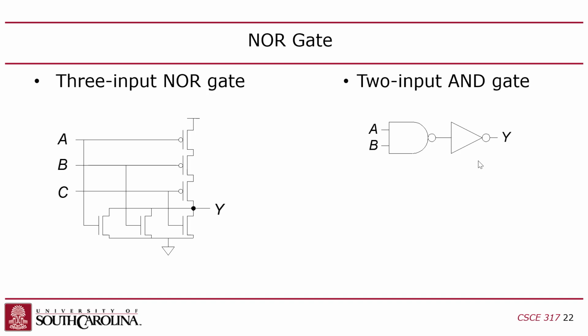I mentioned last time that a CMOS gate, a single gate, has to have at least one 1 in the input in order to pull down to ground, right? Because you're using NMOS transistors in the pull down network, you've got to turn at least one of them on to pull down.